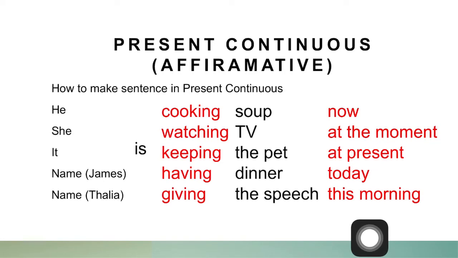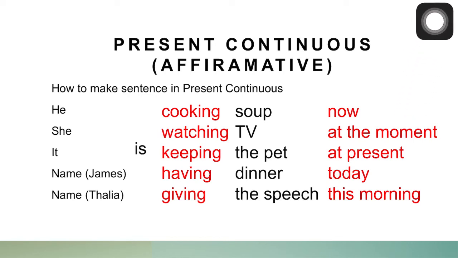Here, I give you the subject. This is the subject, and this is the to be. This is the present participle or verb-ing, and this is the object, and of course this one is the adverb of time.